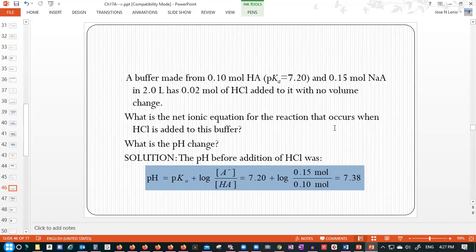And notice that we are using the initial amounts in moles. We didn't have to calculate the molar concentration. And the pH is 7.38. You see how easy that is? 1, 2, 3. We just found the pH of the buffer using the marvelous Henderson-Hasselbalch equation.